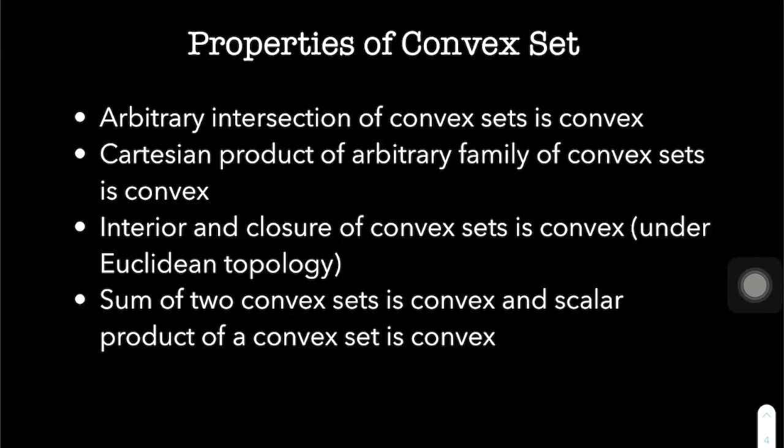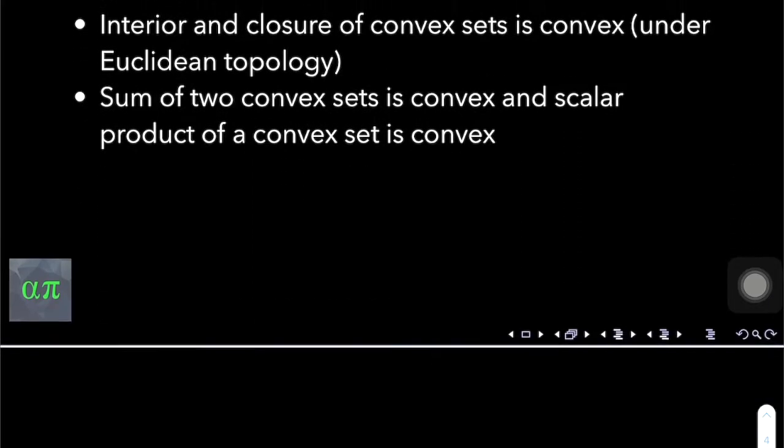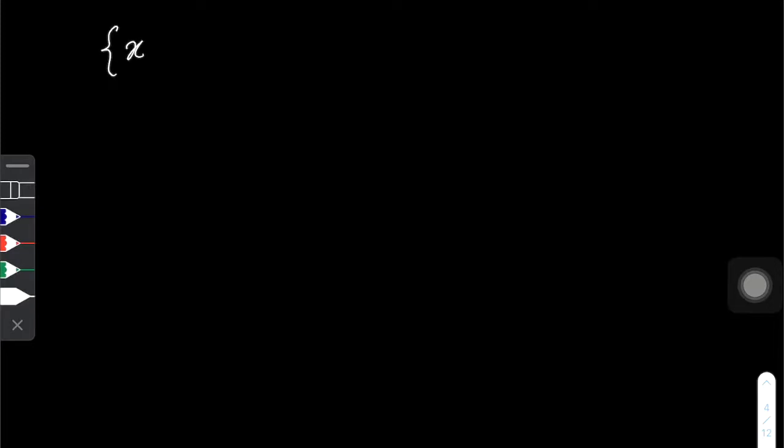So I am going to show the proof of 2 of these theorems here. Let's get started with the first one: arbitrary intersection of convex sets is convex. Let's say we have X_i representing a family of sets.